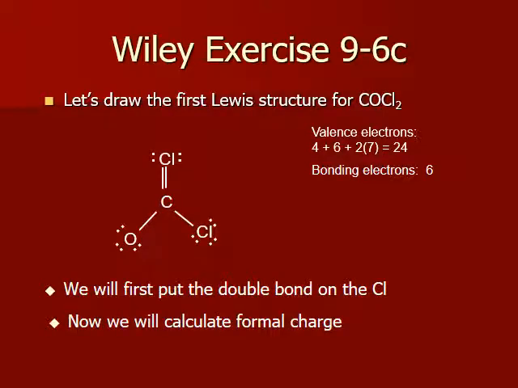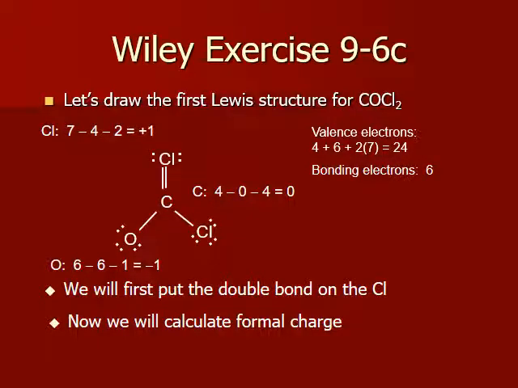Let's calculate formal charge. Starting with the carbon, 4 valence electrons, no dots, 4 lines. Its formal charge is 0. For the oxygen, 6 valence electrons, 6 non-bonding, 1 line. That has a formal charge of -1. The chlorine with the double bond, 7 valence electrons, 4 dots, 2 lines.